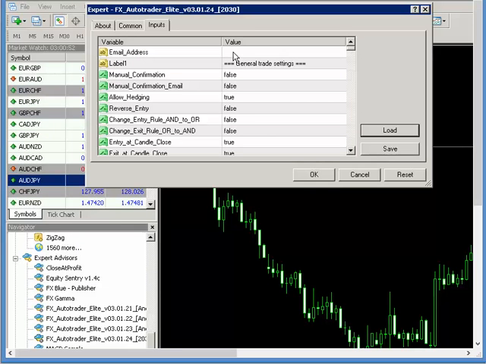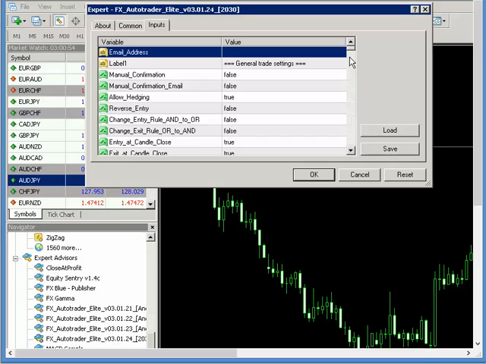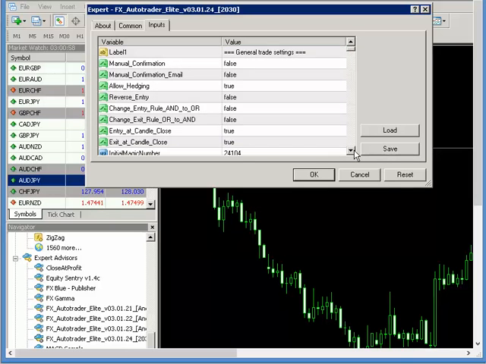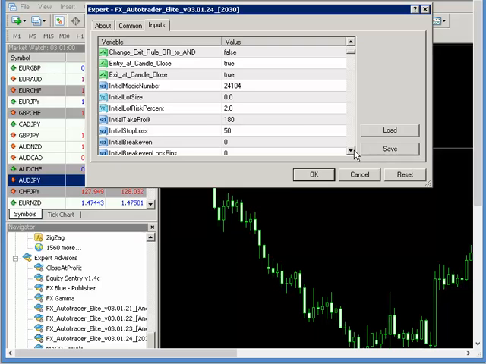And all we need to do is to enter the email address that you ordered the EA with, and everything else is set. The default setting is an initial lot risk percent of 2%. If you want to be more aggressive, you make it 4. If you want to be more conservative, you can change that, or you can use a direct lot size if you wanted to.